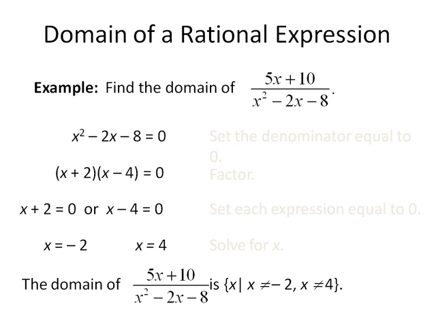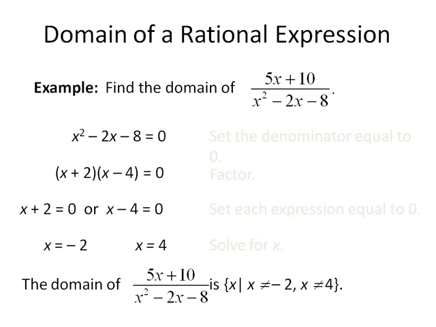So what is the set of points that I can use as the domain? It will be either all the points to the left, or all the points in between, or all the points to the right. So the domain in interval notation is negative infinity to negative 2, union negative 2 to 4, and then union 4 to infinity.